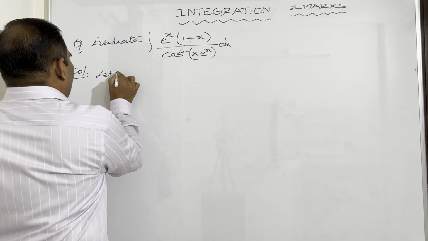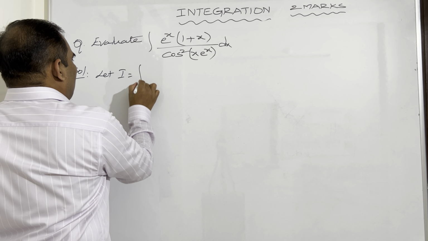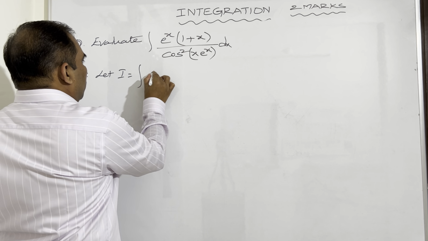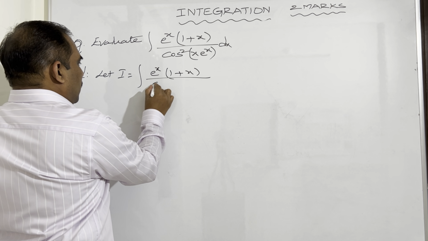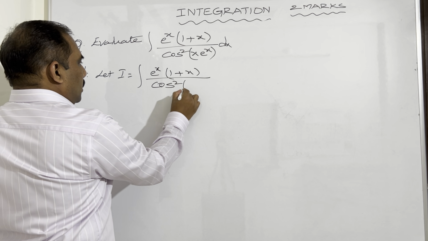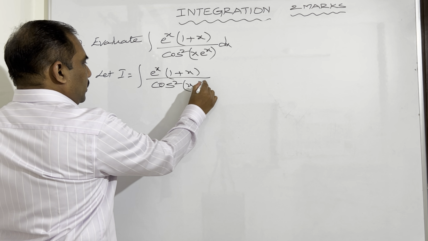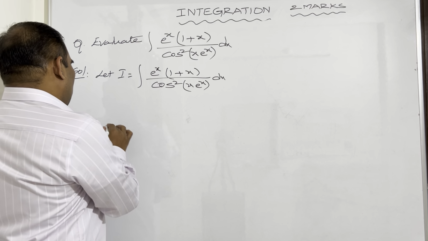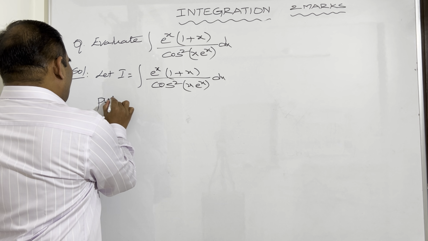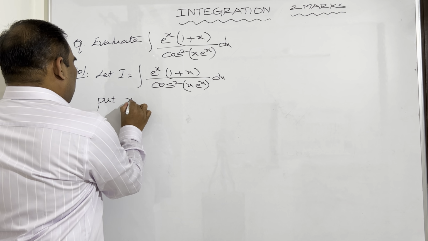Now to find the integral of this function, let I is equal to integral e power x into 1 plus x by cos square of x into e power x dx. What I am doing is taking x into e power x as a substitution t.